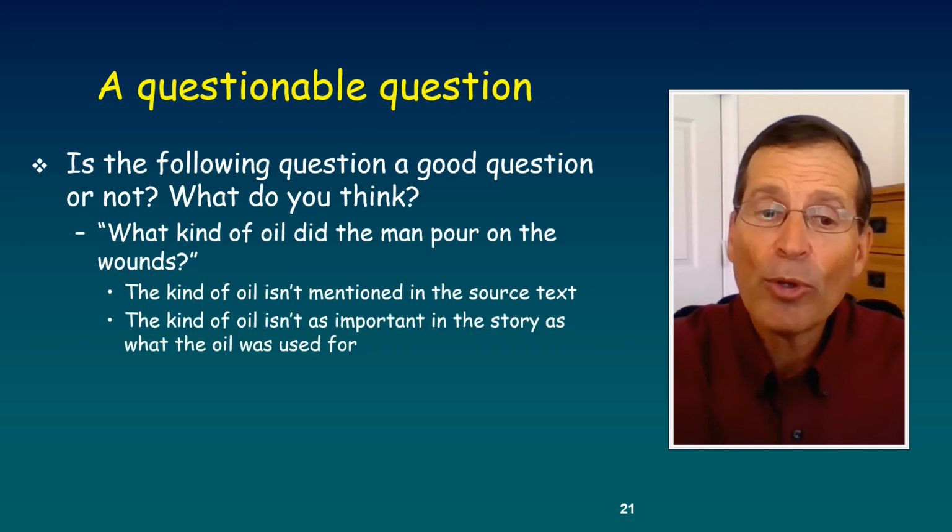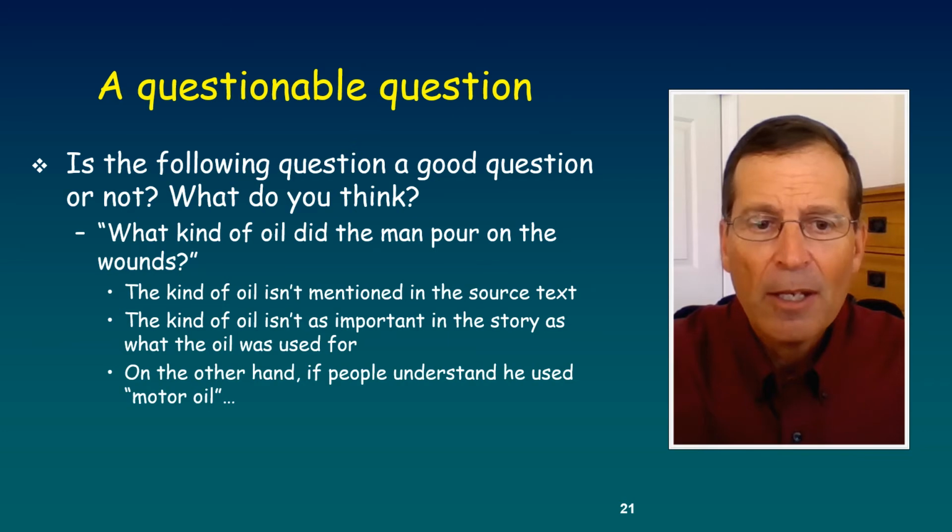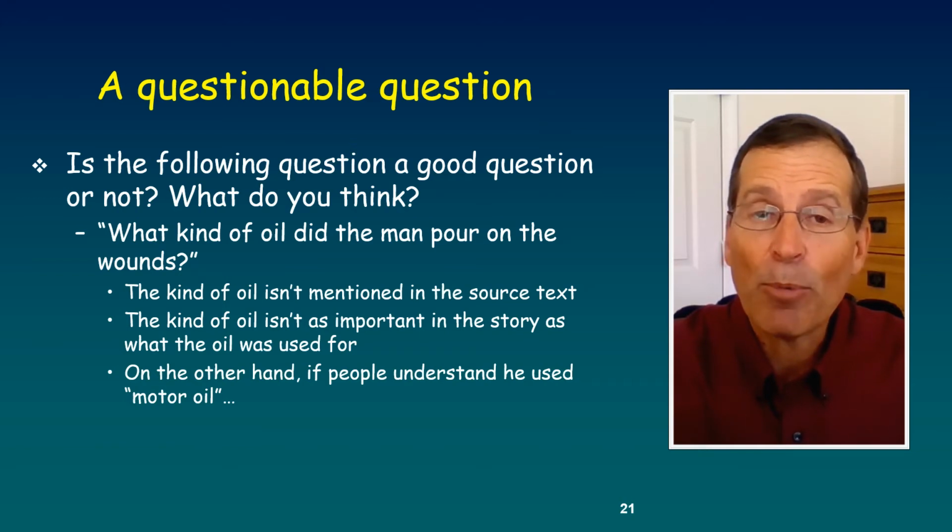And the kind of oil isn't as important in the story as what the oil was used for. Now, on the other hand, if people understood that he poured on motor oil, well, that wouldn't be correct. And so we do have some versions which make explicit that he poured on olive oil to avoid that misunderstanding.